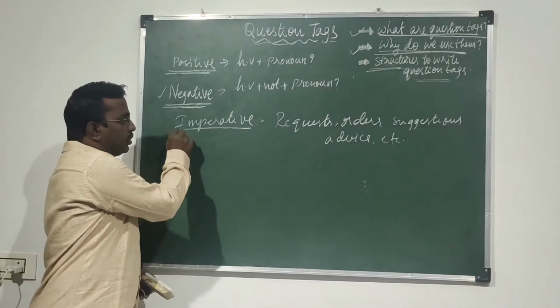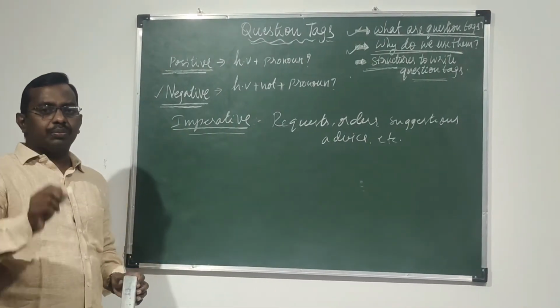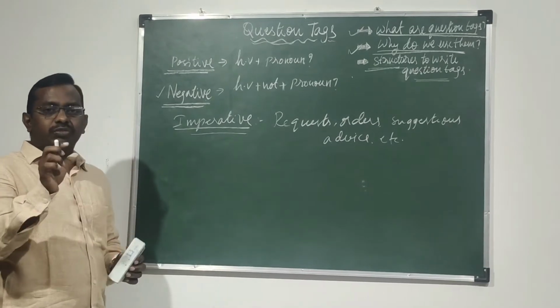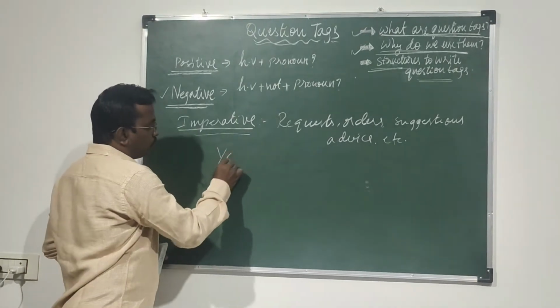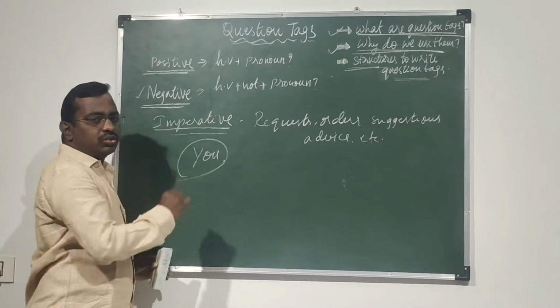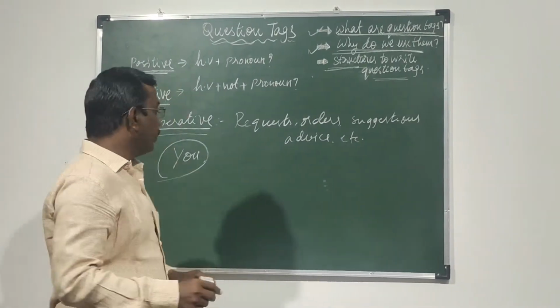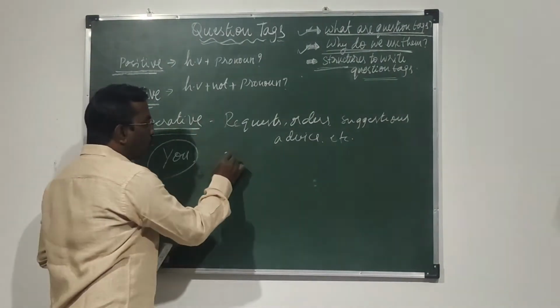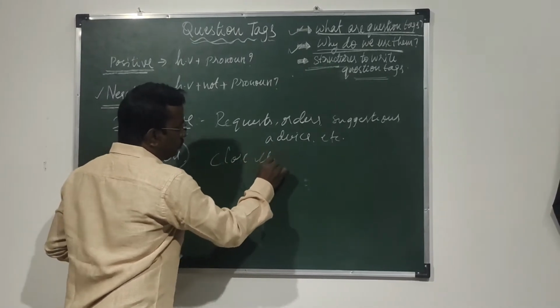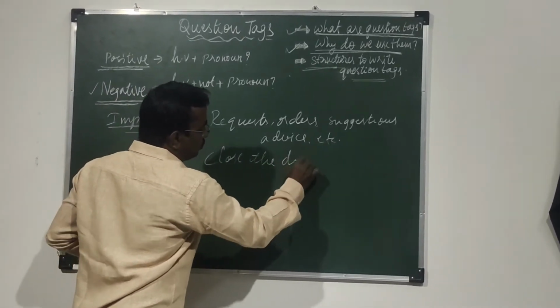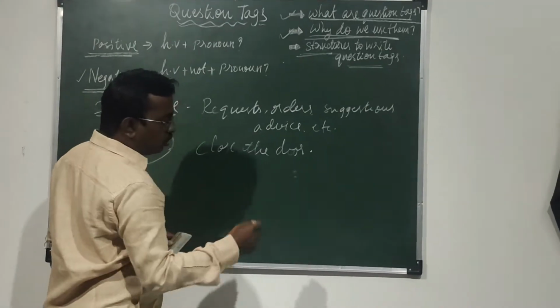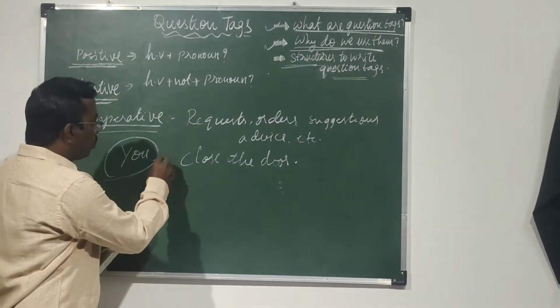For all imperative sentences, the subject is you, and that is understood in the sentence. You do not mention it. For example, close the door. We need not say "you close the door."